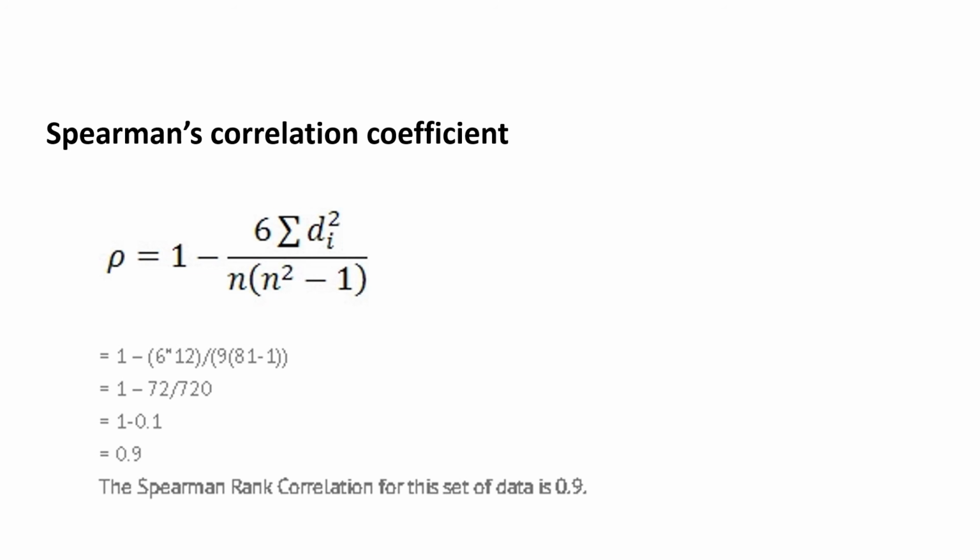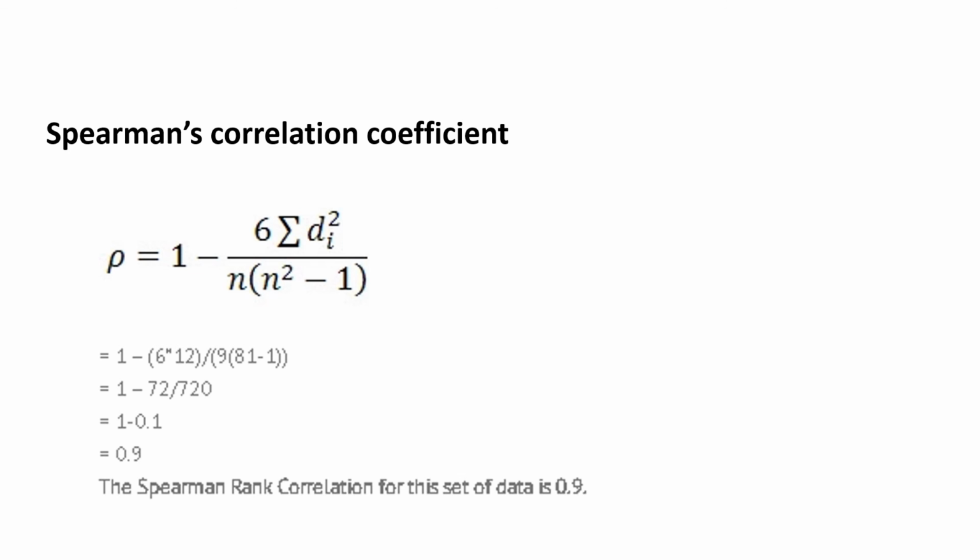So you fill in those values here: 1 minus 72 divided by 720. So 1 minus 0.1, that is 0.9. The Spearman rank correlation coefficient for this set of data is 0.9.